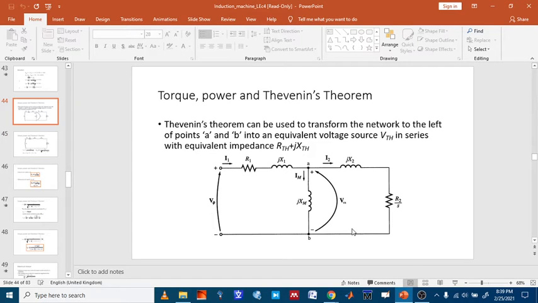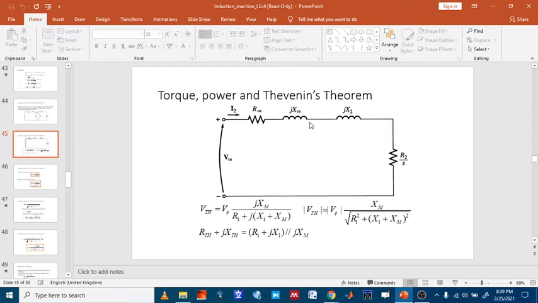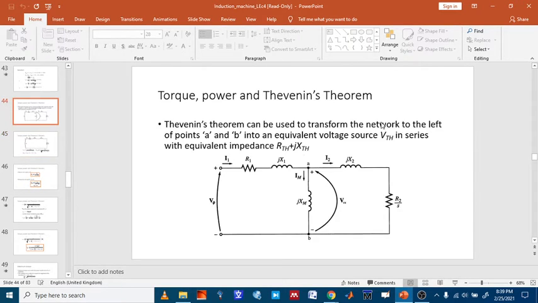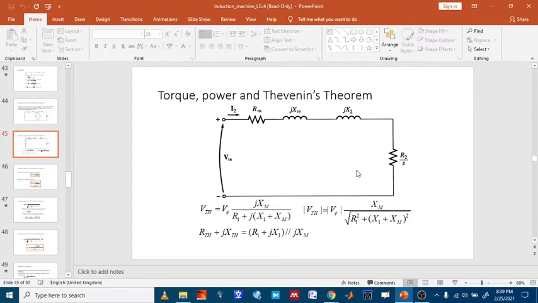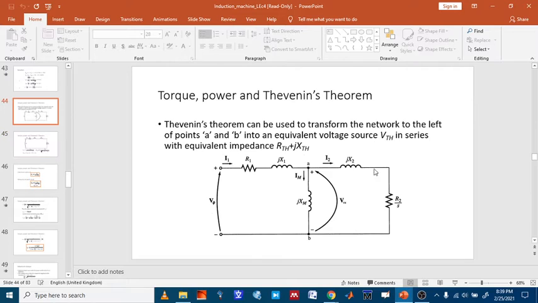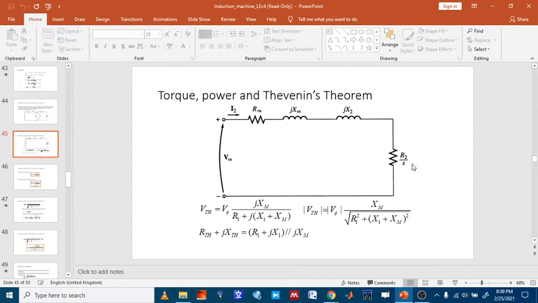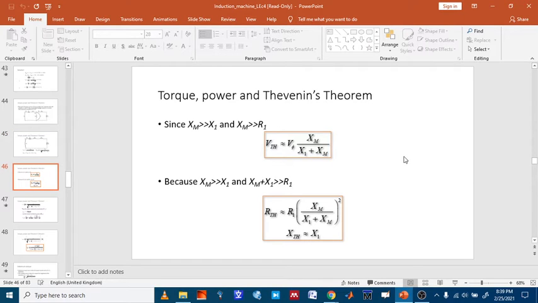We get rid of the magnetizing part; we see there's no magnetizing part here. We are left with X2 and R2 by S. So from here, the circuit can be reduced to this form.